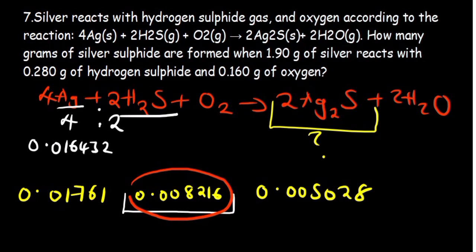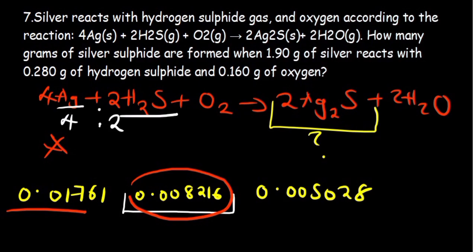So now the question is, in the question, what did we have? We had 0.017. If we had 0.017 and what is required is actually less, then the silver was in excess, so it can't be the limiting reagent. So this one doesn't qualify to be the limiting reagent.